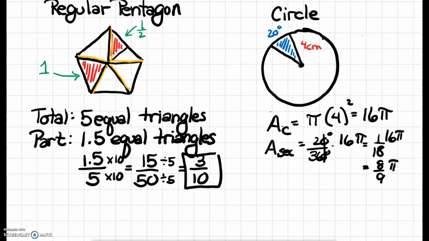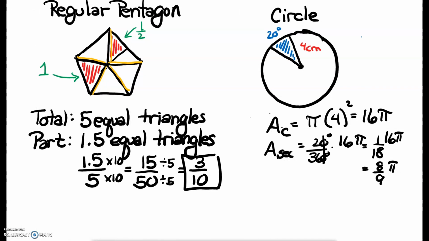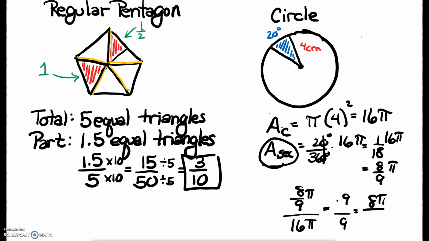So now to find the probability that something randomly lands in this section, I could say my part, which is my sector, 8/9 pi over 16 pi, the whole part, and that would be, let's multiply each of these by 9. So I get 8 pi over 16 pi times 9, and 8 and 16, pi and pi, they reduce, so I get 1/18.